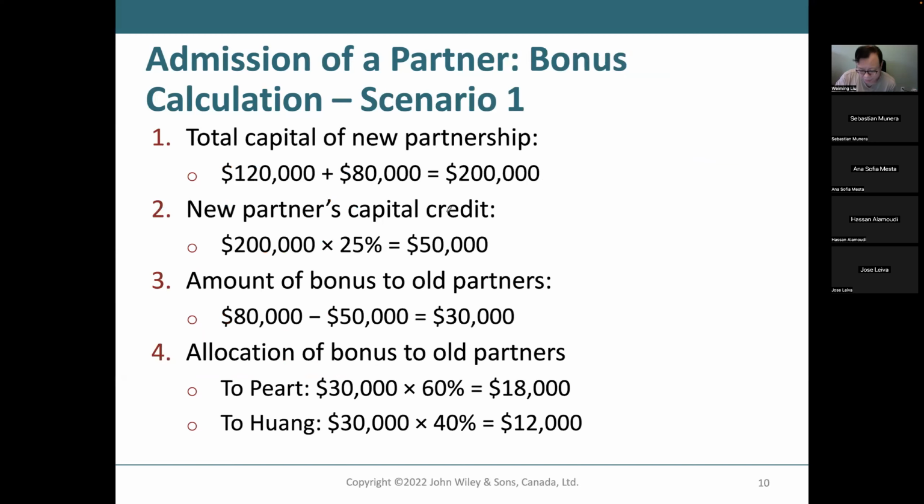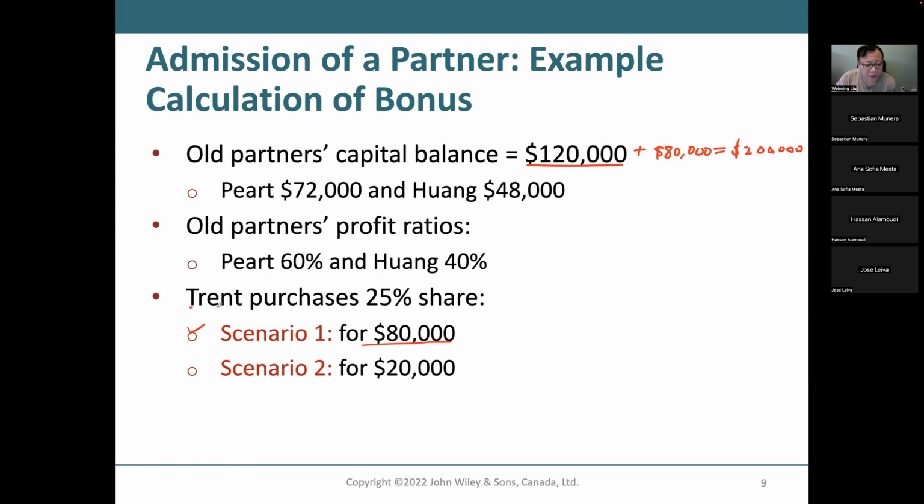And now we know Trent purchased 25%. So the $200,000 is the partnership, but only 25% belongs to Trent. So 200,000 times 25% is 50,000 capital balance.